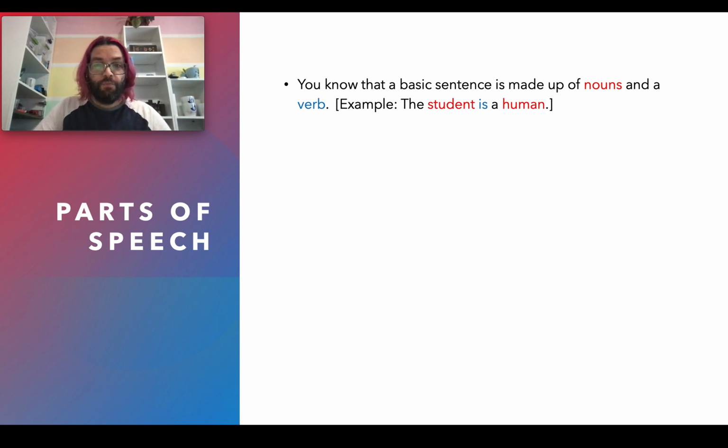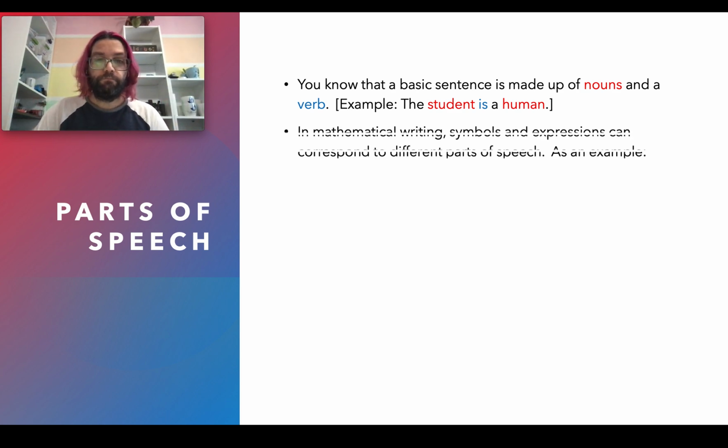As a super simple example, if I have the sentence, the student is human, the words student and human are nouns, and the one main verb in our sentence is the verb is, okay?